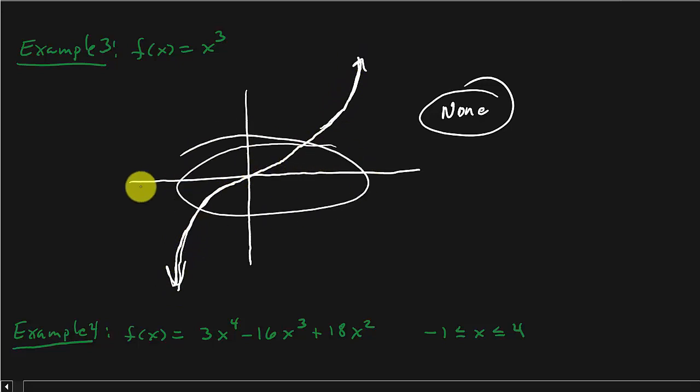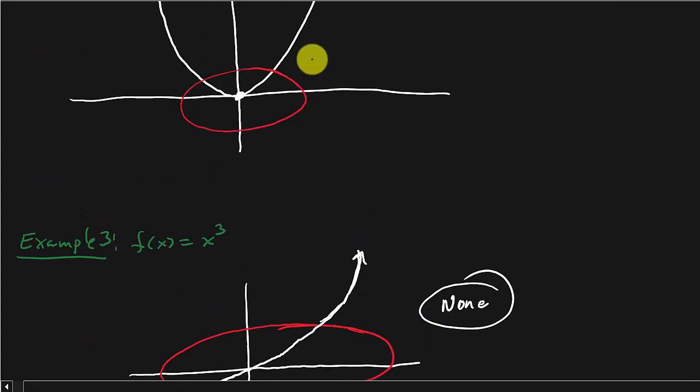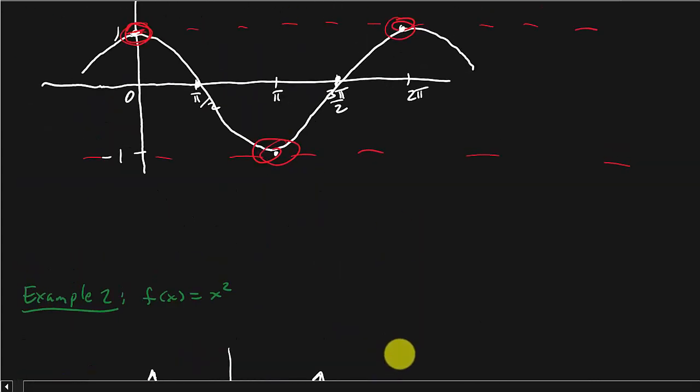There's nothing in here. Okay, let me do that in a different color. But there's nothing in here where we can say, well, that's the largest or smallest value. So it has nothing like we did up here.